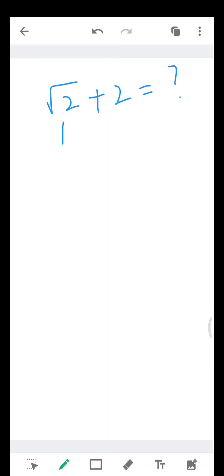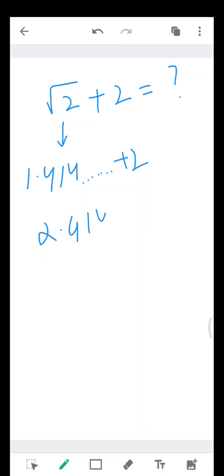Root 2 is 1.414, so on, which never ends. If you add 2 to that, what do you get? You get 2.414, so on, which never ends. That is non-terminating, non-repeating decimals.